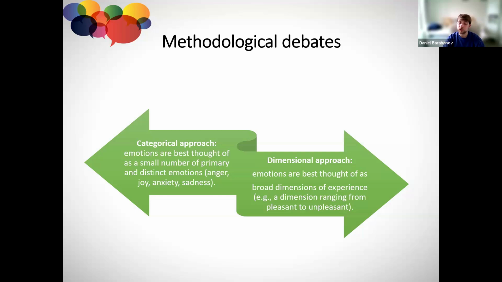The dimensional approach is different. They suppose that we can draw certain dimensions, like a graph, usually ranging emotions from pleasant to unpleasant, and from active, strong emotions to weak emotions with less arousal. And we can place any emotional state in those coordinates and compare different emotional states with each other.